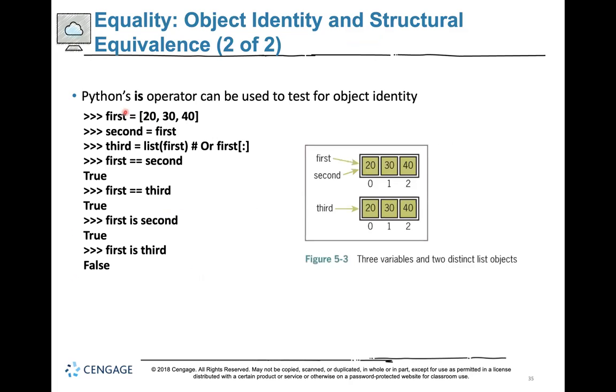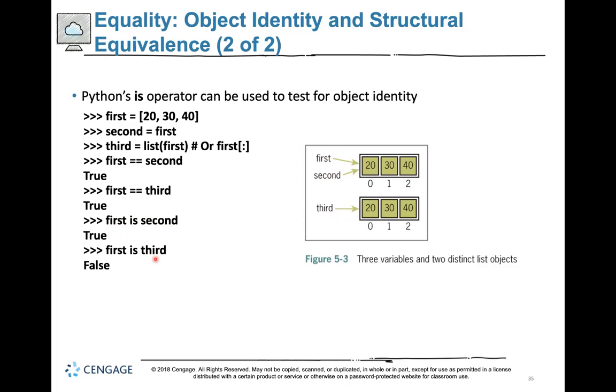So here's an example right here. By the way, this shows a third way of making a copy. You use this list function here. You're constructing a new list from another list. Okay, so as you see in memory, third points to a new list object. Now, first and second pointed to the same object. So they have the same object identity. So you can say first is second, is a keyword, and this is giving you a true.